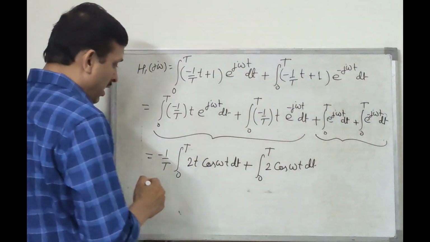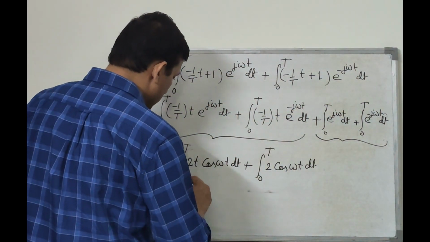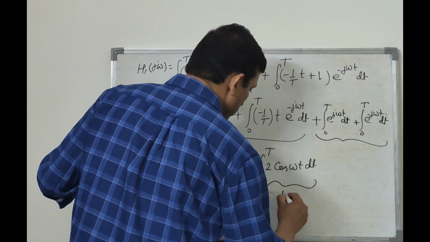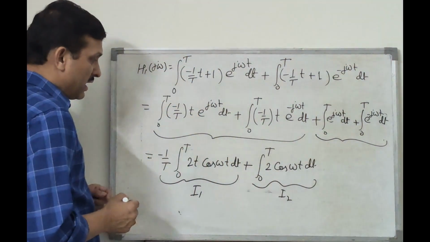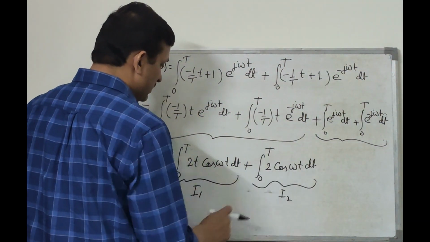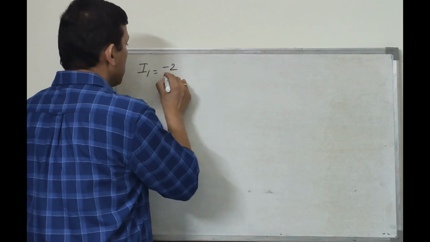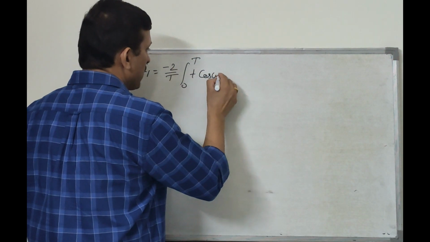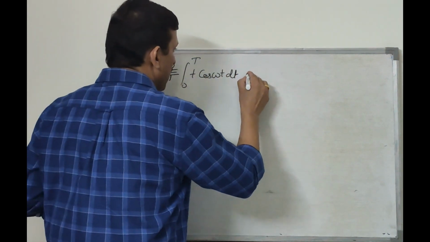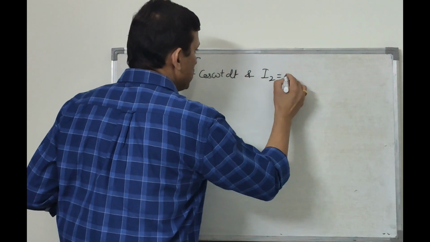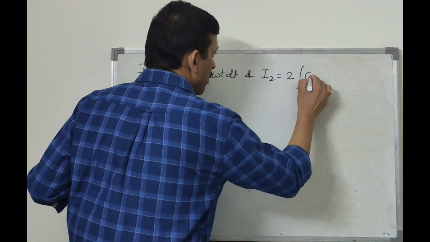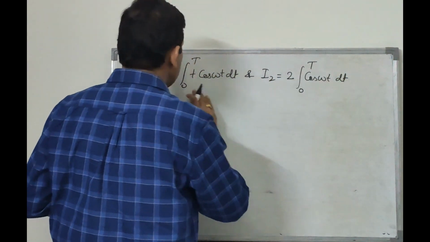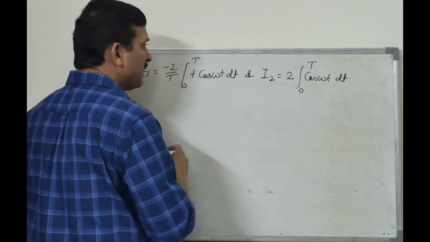This is the summation of two integrals. Let this integral be I1 and this integral be I2. We can find the results of I1 and I2 separately. I1 was minus 2 upon T, the integral from 0 to T of t cos omega t dt, and I2 was the integral from 0 to T of 2 cos omega t dt. We will separately solve I1 and I2 and then use the results.